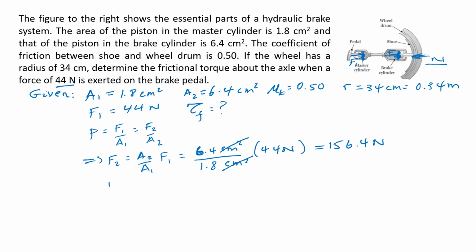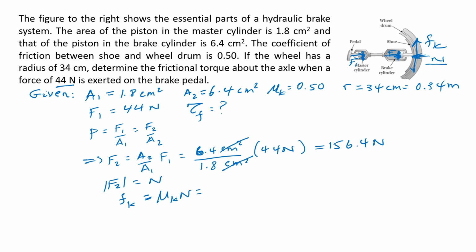Therefore, we know that F2 in absolute value is equal to the normal. Therefore, we can find the friction force. That friction force, because this one is moving in this direction, is going to be opposing it. That friction force, F sub k, is equal to mu sub k times the normal.